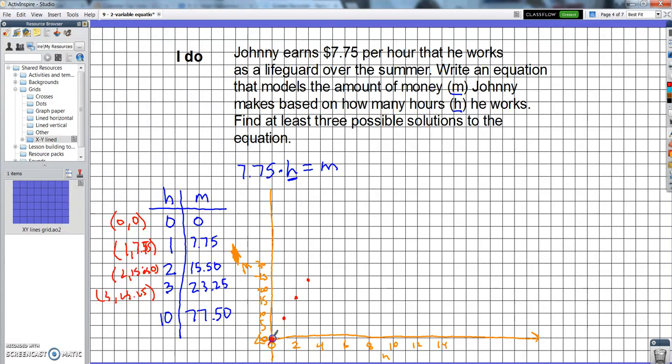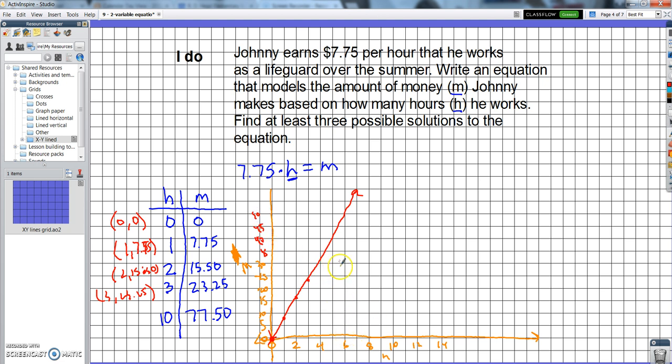So when I have this graph made, it doesn't exactly let me be perfect with how much money he makes, but it's still pretty helpful. Like if I want to say, what if he works 6 hours? I would just say, okay, that's going to be 35, 40, 45, 50.